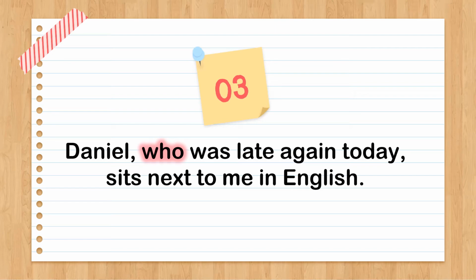So you need the dependent clause in this case: who was late again today. If you don't want to say that, you just need to say Daniel sits next to me in English. But here you are adding extra information about the subject. That's why you are using an adjective clause. So you can write it between commas.